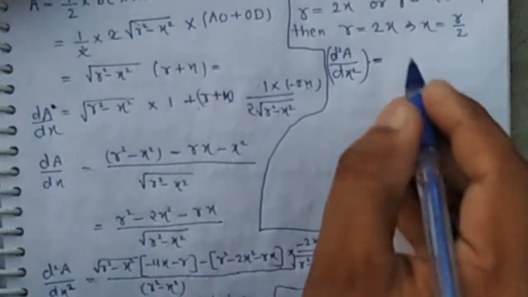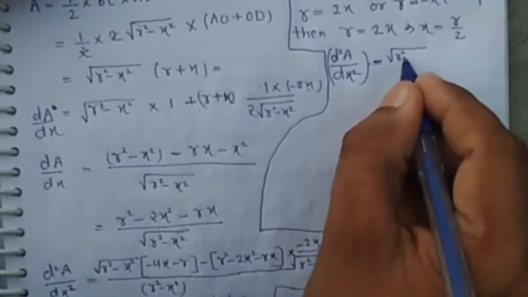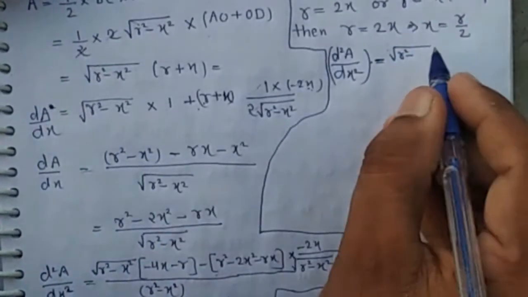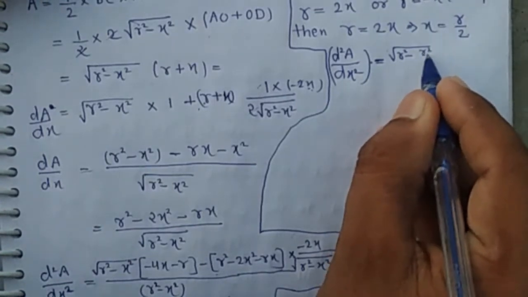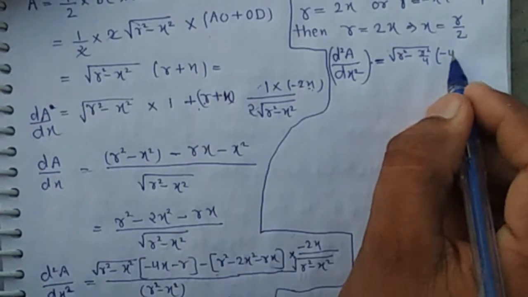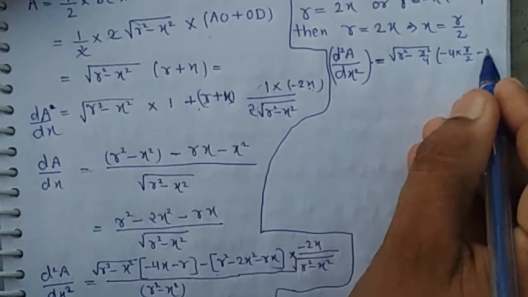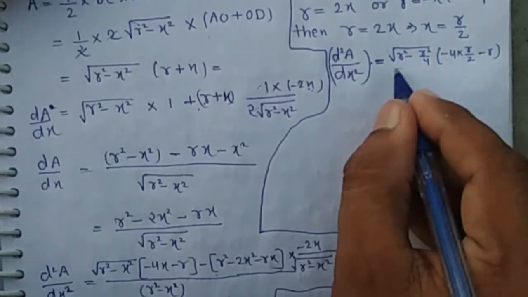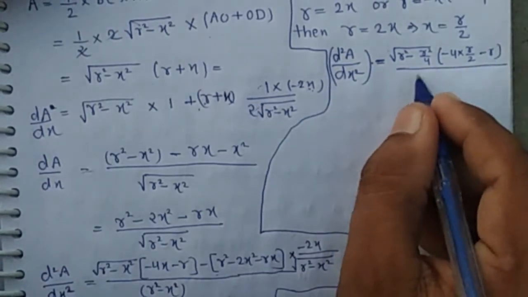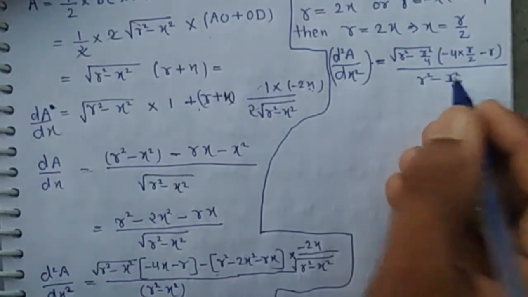We have R square minus R square by 4, and it is minus 2R by 2 minus R, by R square minus R square by 4.